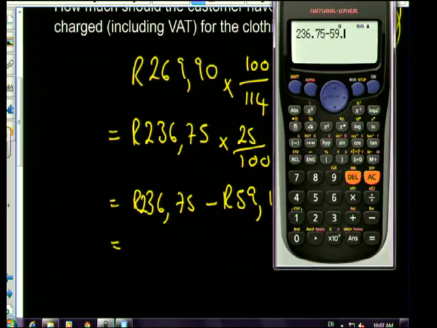And 19 cents. And we get an answer then of 177 Rand 56 cents. Now, folks, that's the price after we've taken the discount off. So we've got the 177 Rand 56 cents. That's what we're charging the customer.